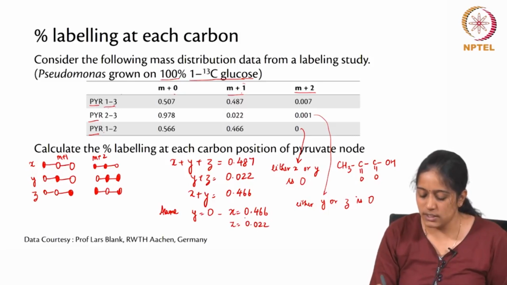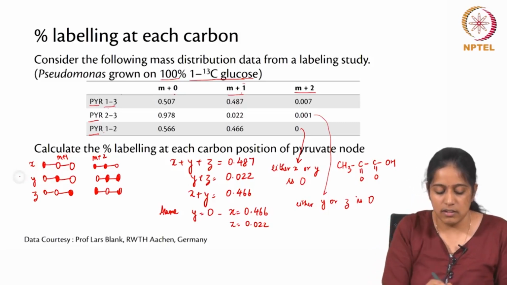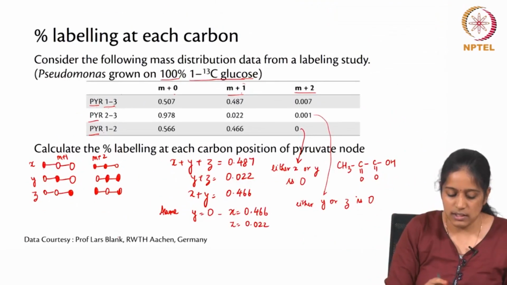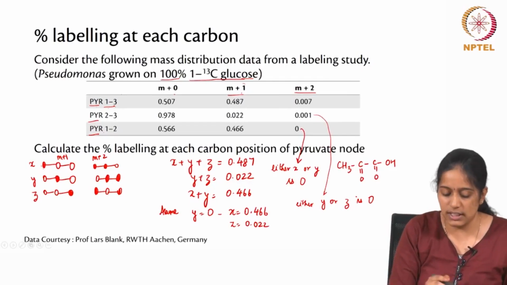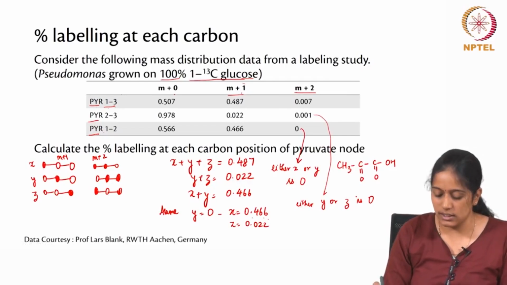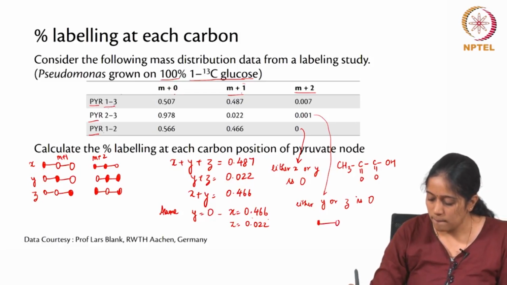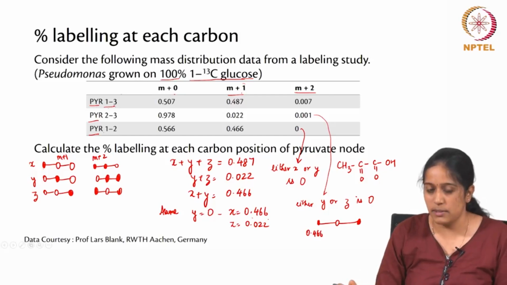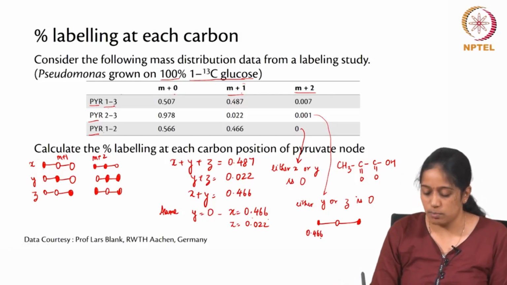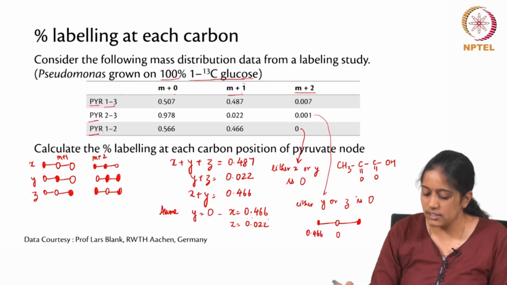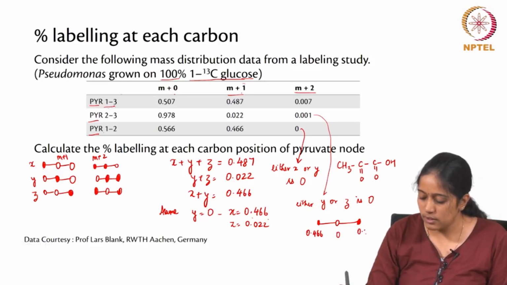If I assume this, I can say that x, where the first position is labeled, is 0.466. So, I can now write this: x has a higher probability of being labeled. Here it is 0.466, y is 0 and z is 0.022.